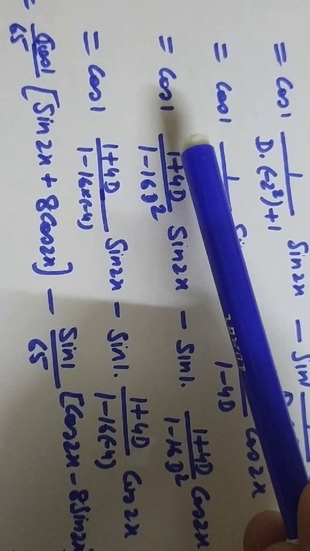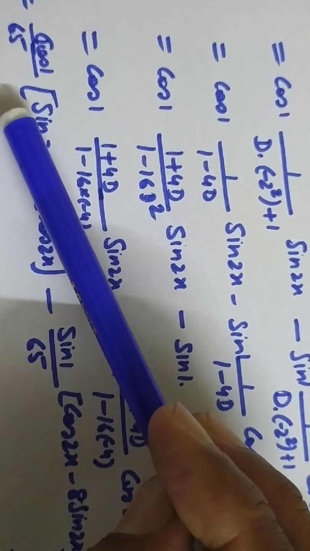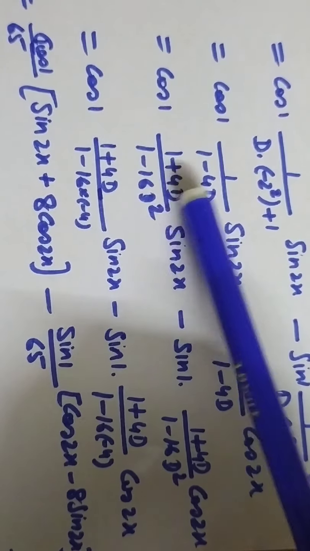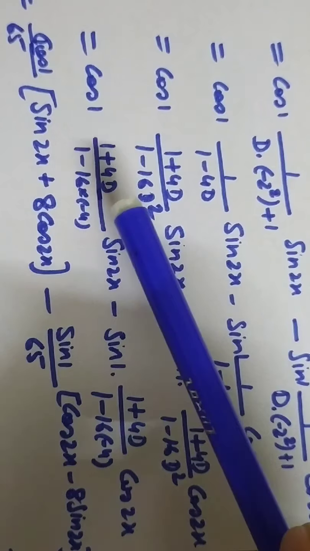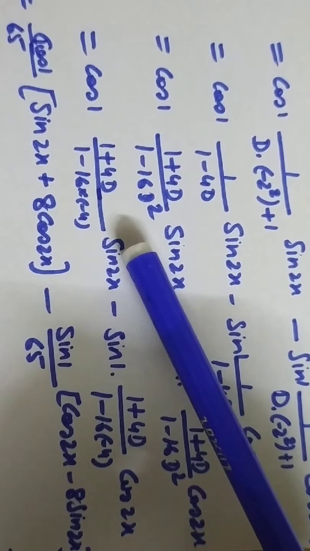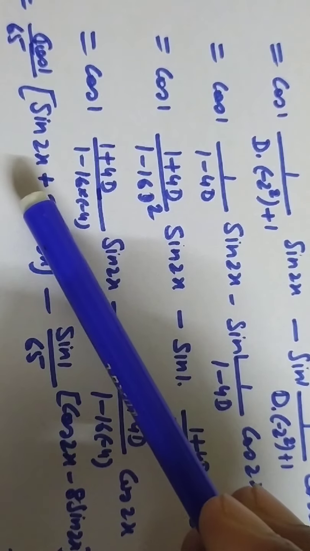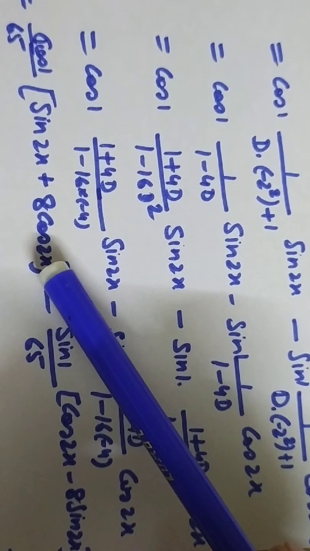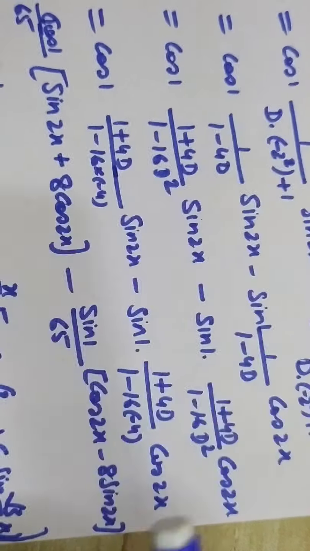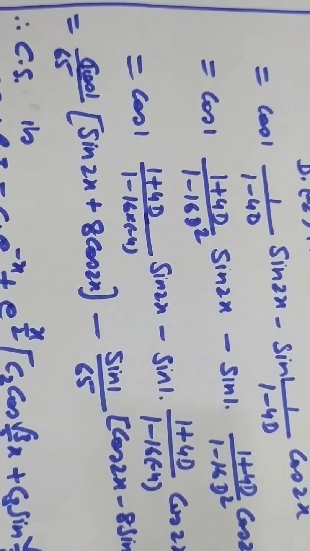First I have multiplied 1 with sin 2x, and this is the sin 2x. Again 4D into sin 2x. What do you mean by 4D sin 2x? It means the derivative of sin 2x into 4. The derivative of sin 2x is cos 2x into 2, and 2 multiplied by 4 gives 8 cos 2x. Similarly in this expression. So this is the whole expression for the particular integral.